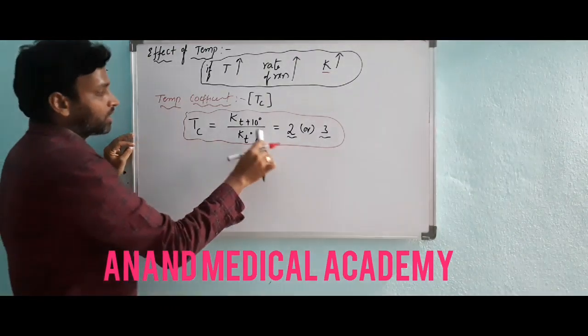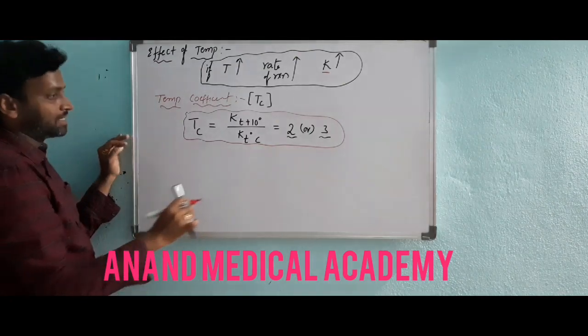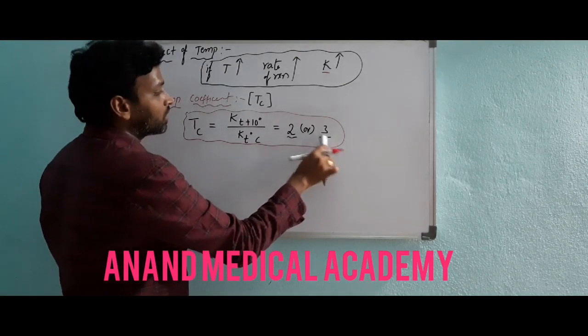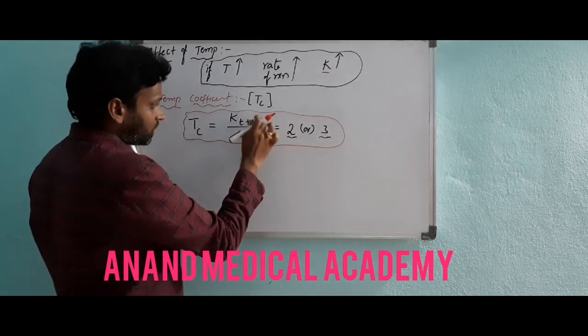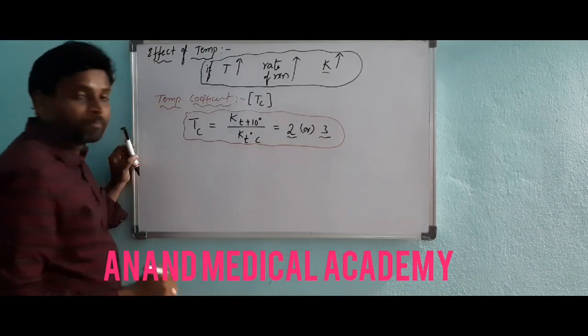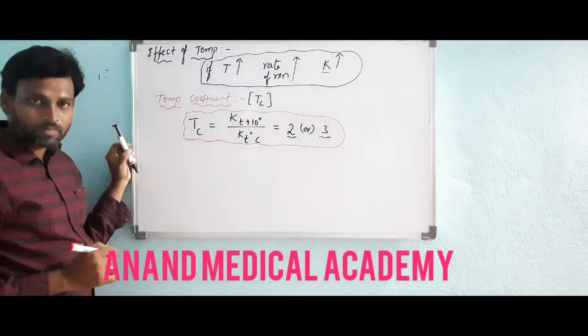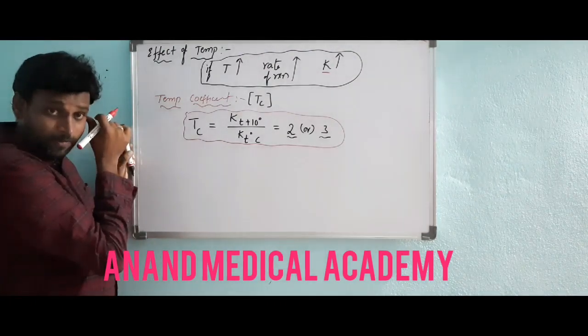So here you have K(T+10) by K(T) equal to 2 or 3. For most of the reactions, this temperature coefficient or this ratio is equal to 2, or for some reactions it will be 3 like that. I hope you understood. This is about temperature coefficient.